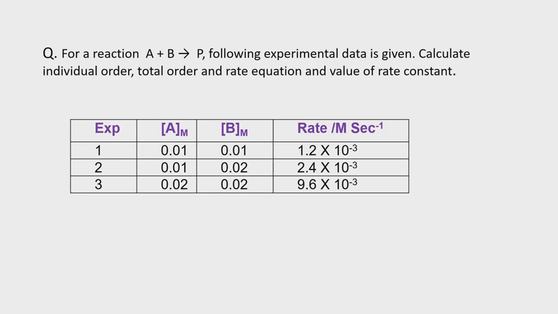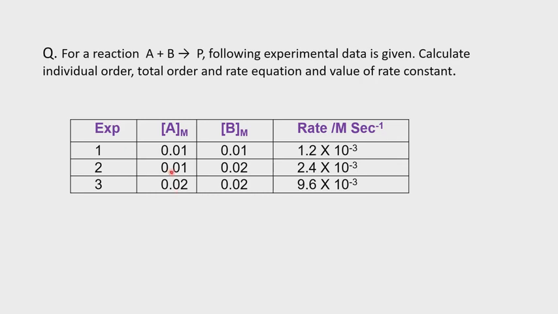Before solving the question, look here friends. This is the experiment, concentration of A in molarity, that means mole per liter, concentration of B, again mole per liter, rate in molar per second. Experiment number 1, this is the complete data of experiment number 1.